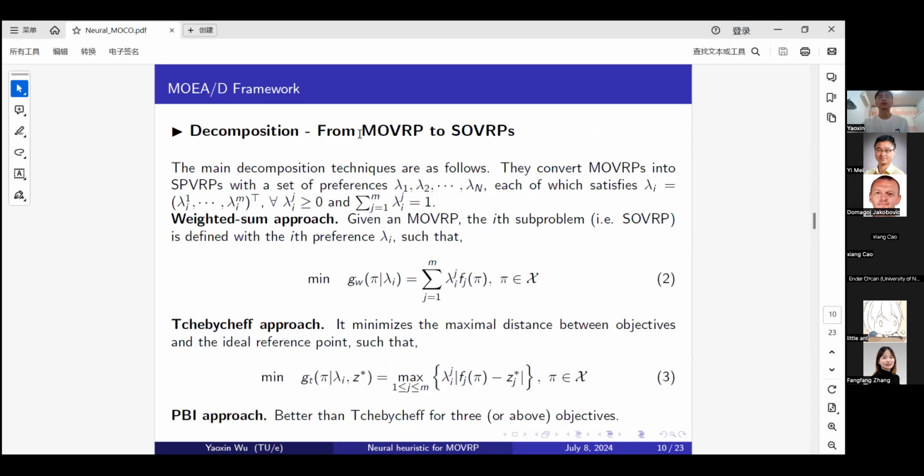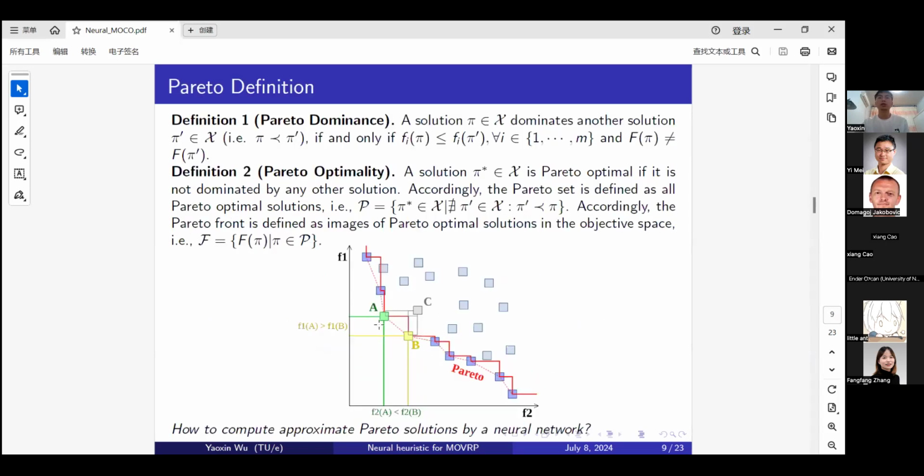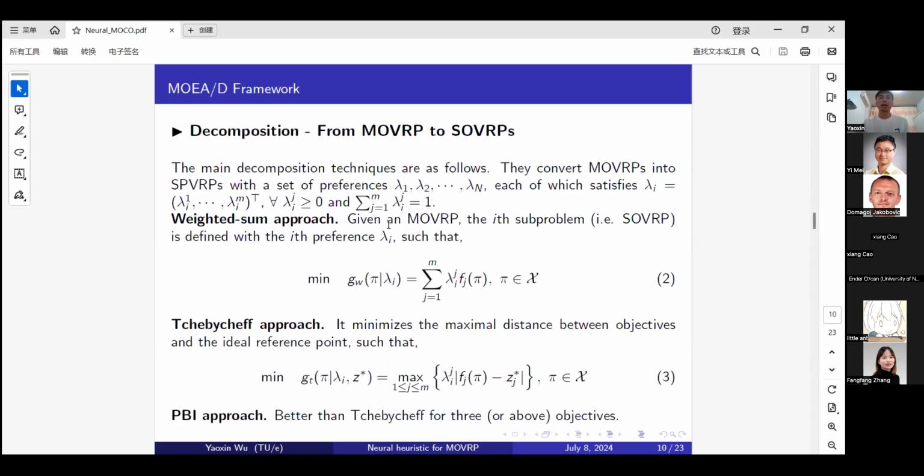And so for the multi-objective vehicle routing problem, our goal is searching for all these Pareto optimal solutions. The typical method is decomposition, and the widely used framework is called MOVRP.